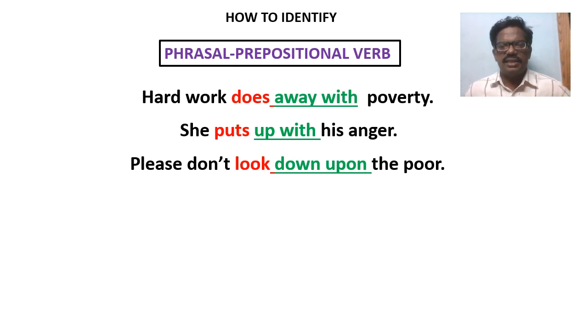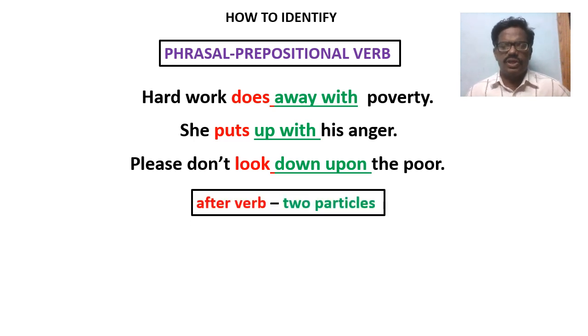And in the second sentence, the multi-word verb has two particles, up and with. In the third sentence, the multi-word verb has two particles, down, upon. So whenever we find two particles in a multi-word verb, then the multi-word verb concerned is called phrasal prepositional verb. So the clue is that after the verb, if we find two particles, then the multi-word verb concerned is called phrasal prepositional verb.